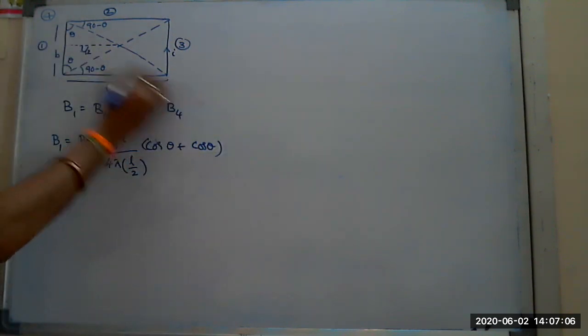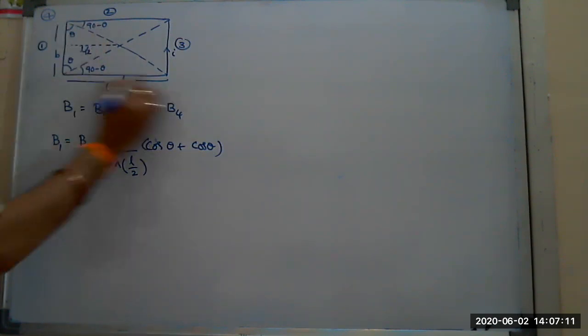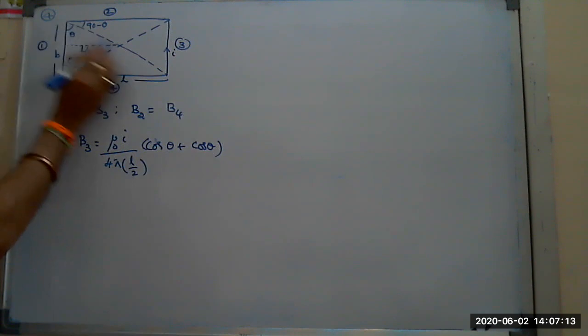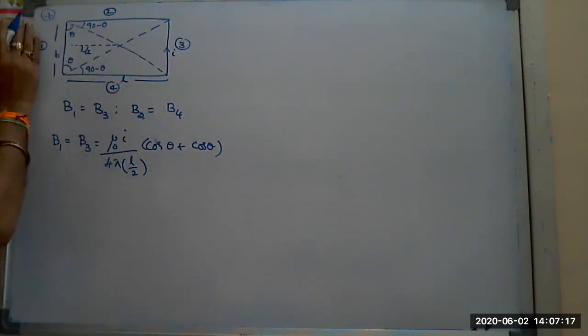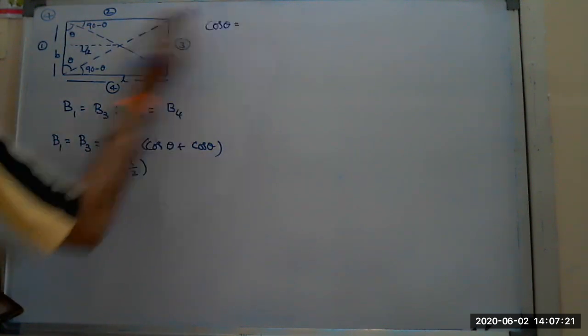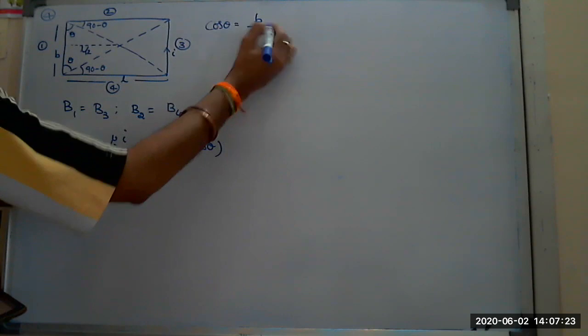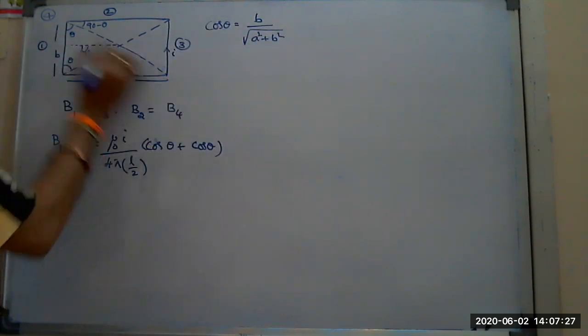Of course, from the triangle, you can say what the length and the breadth are. Then the hypotenuse will be root of L square plus B square. So cos theta will be the adjacent side, B by root of L square plus B square, from the triangle.